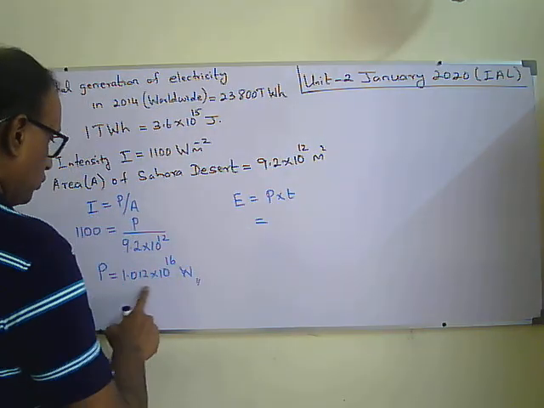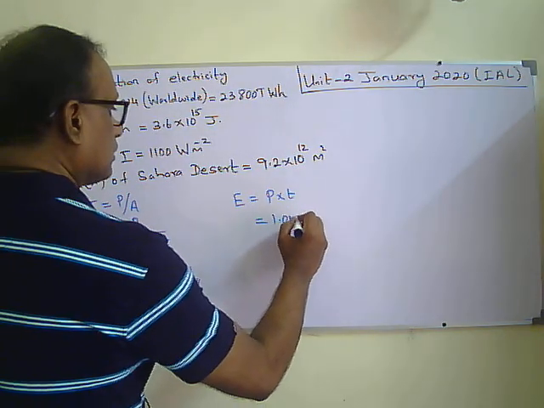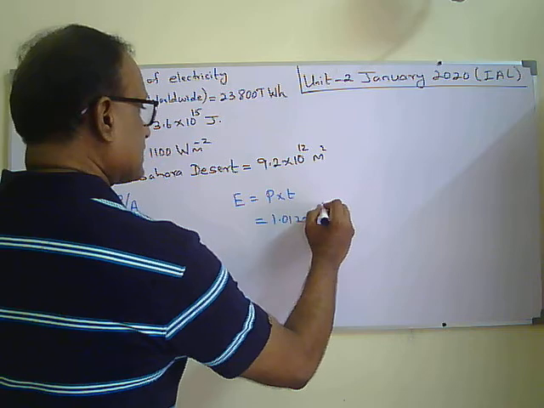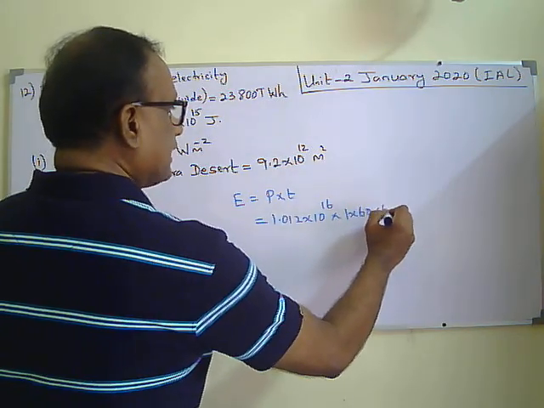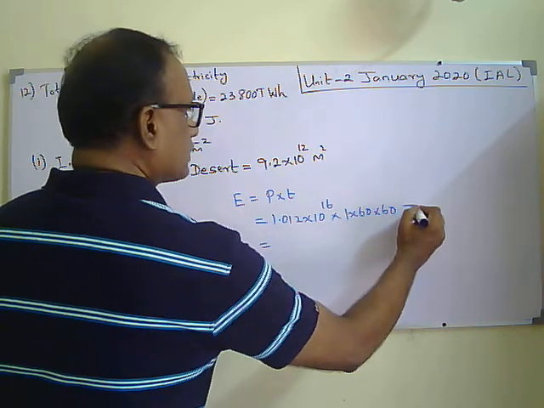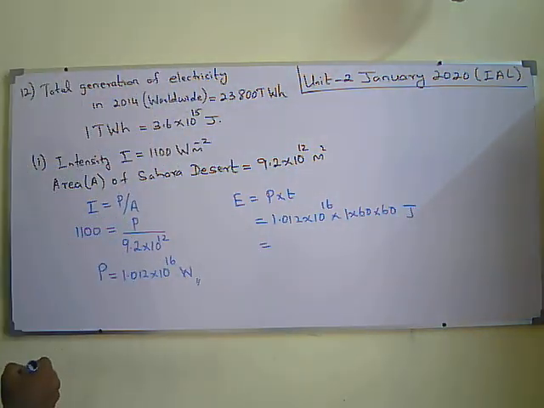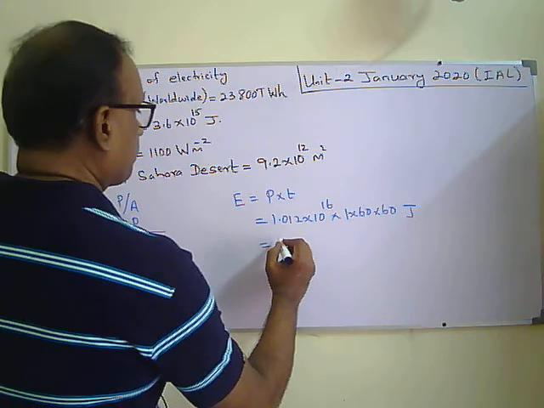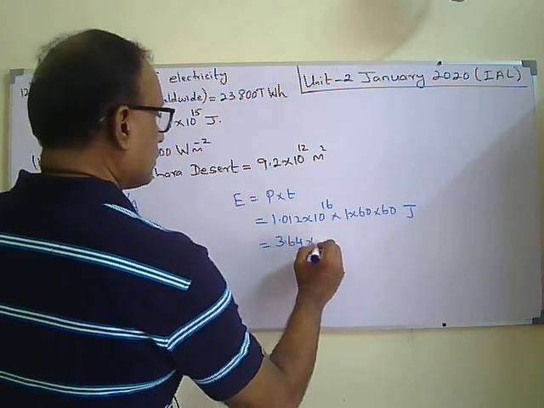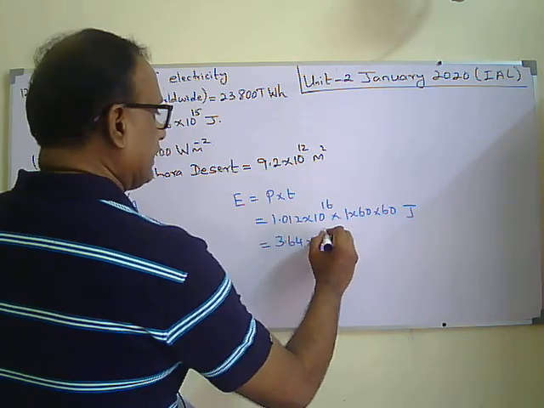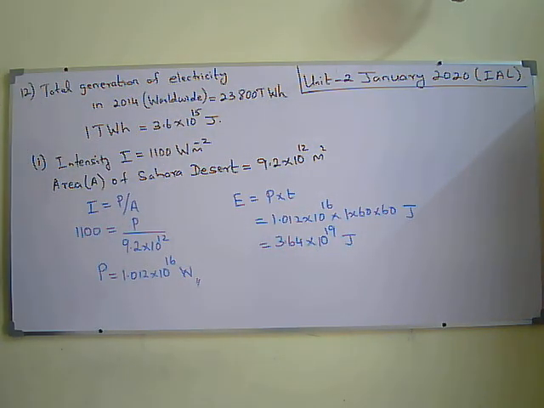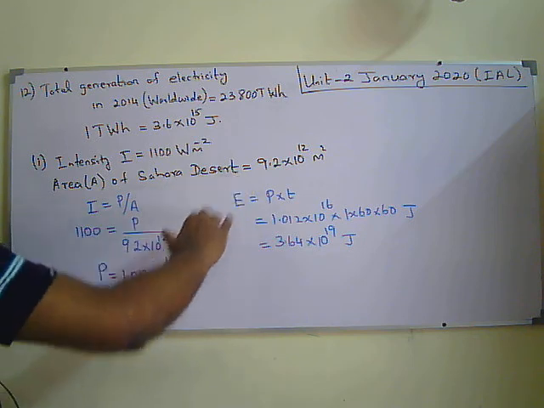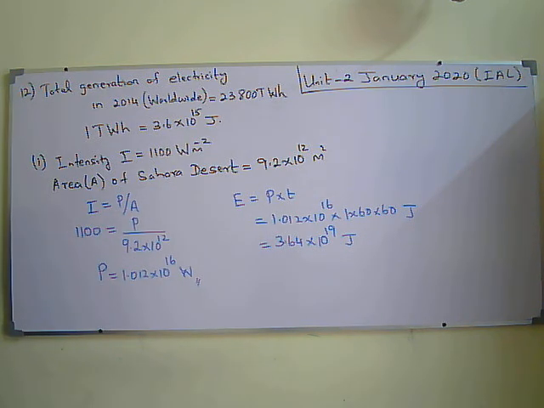So power we know is 1.012 times 10 to the power 16, times time during 1 hour, so 1 times 60 minutes times 60 seconds, joules. So if we solve, we'll get 3.64 times 10 to the power 19 joules of solar energy will be received in the Sahara Desert during 1 hour.